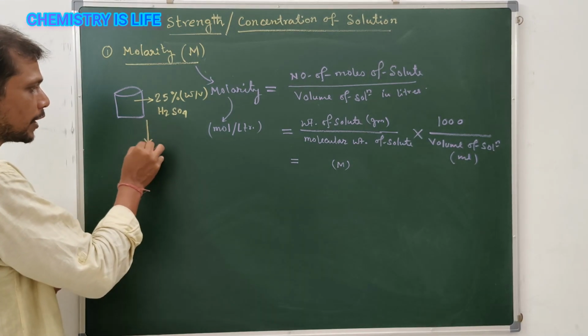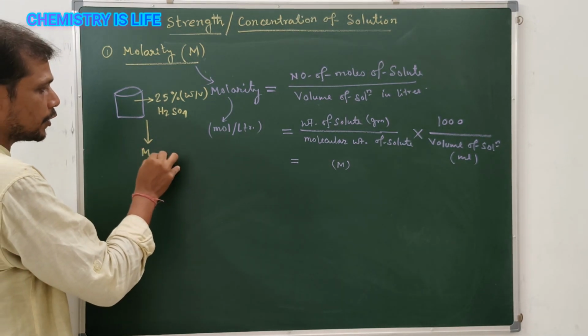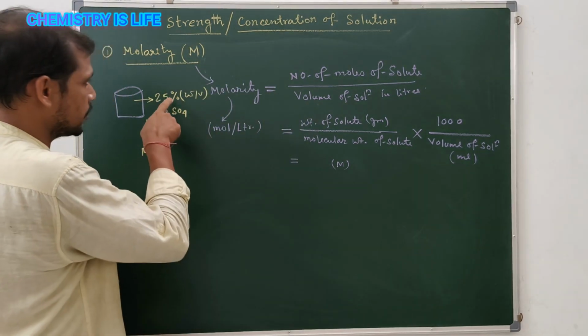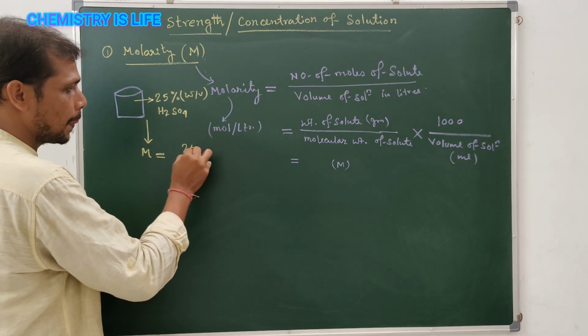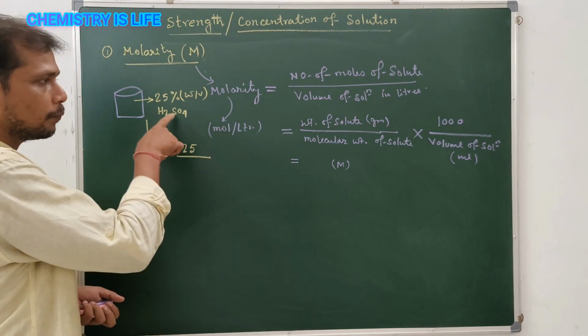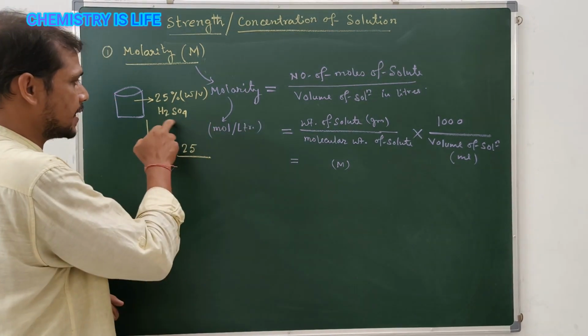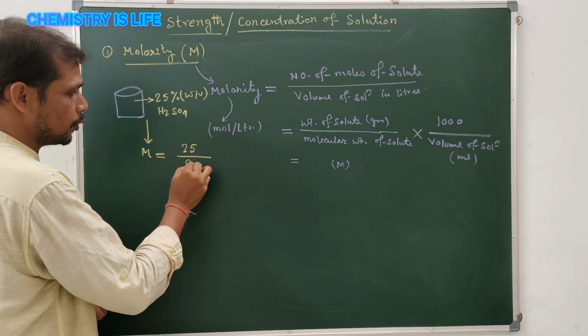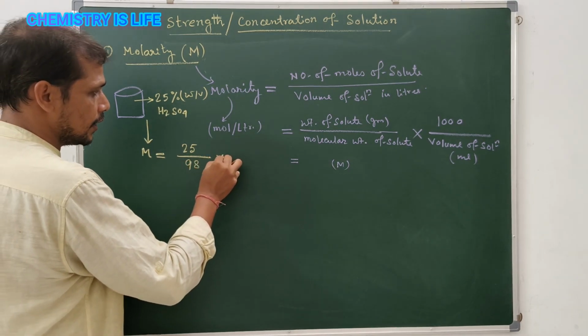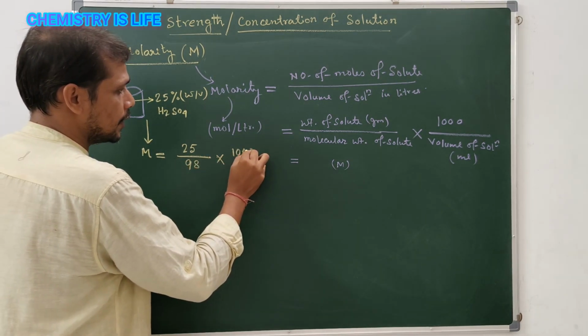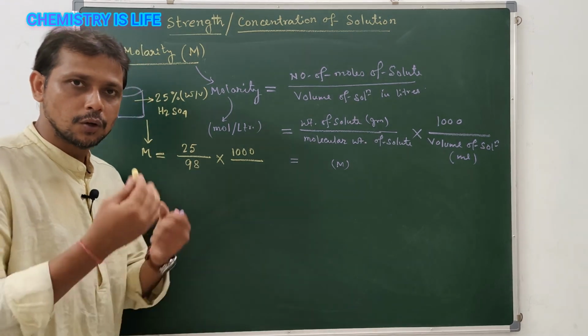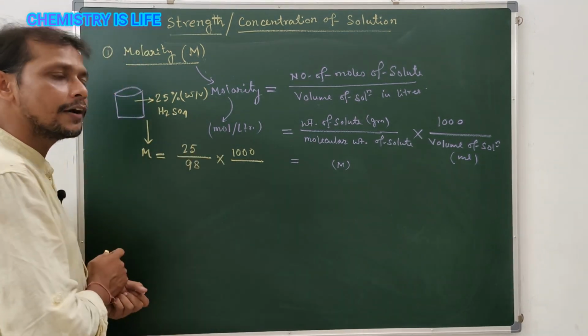So what will be the molarity of the solution? Molarity will be weight of the solute, that is 25 gram, divided by molecular weight of the solute, that is H2SO4. H2SO4's molecular weight is 98, into 1000 divided by volume of the solution. What is the volume of the solution? That is 100 ml.